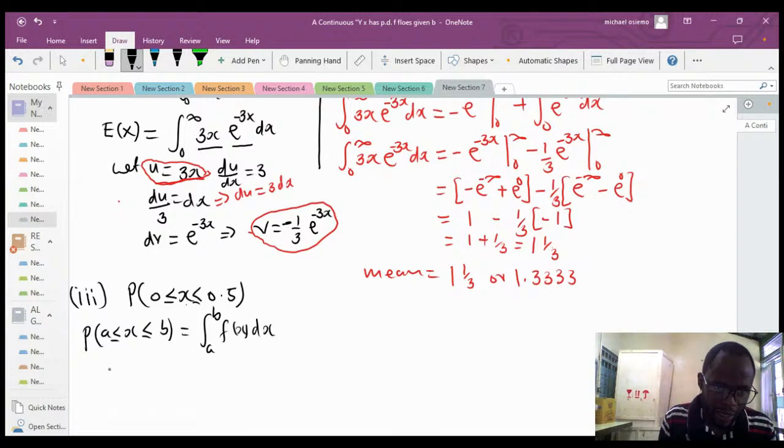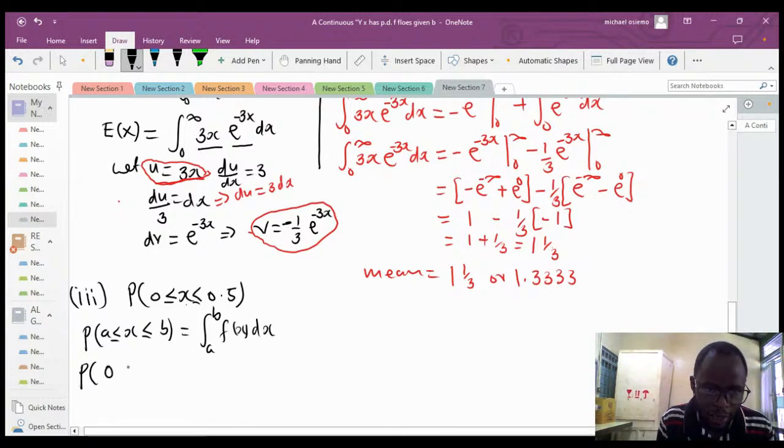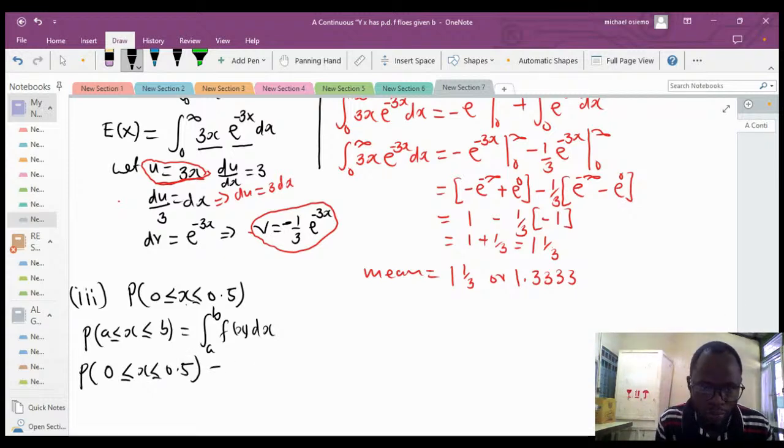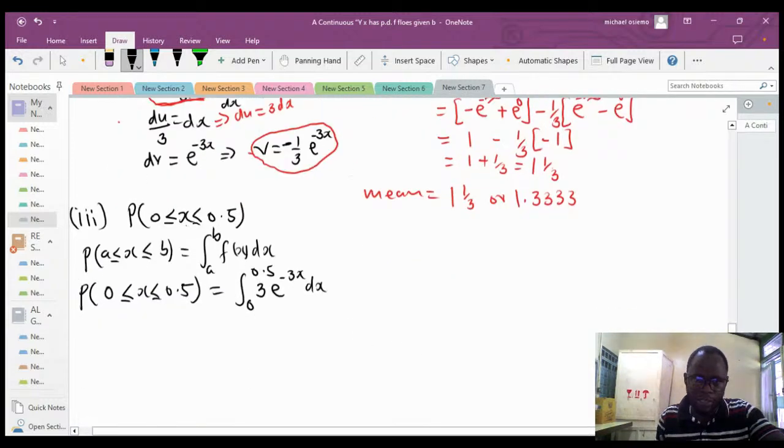So in that case, the probability when x is running from 0 to 0.5 will be equal to the integral from 0 to 0.5 of our function f of x, which is 3 exponential negative 3x dx.